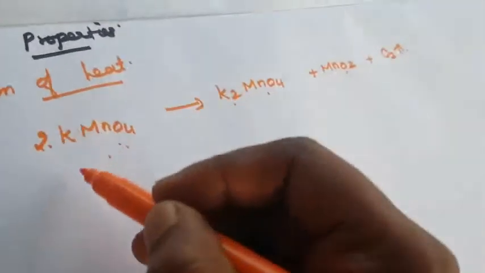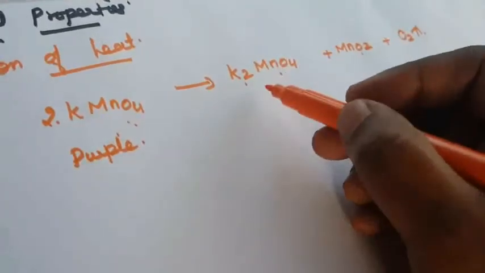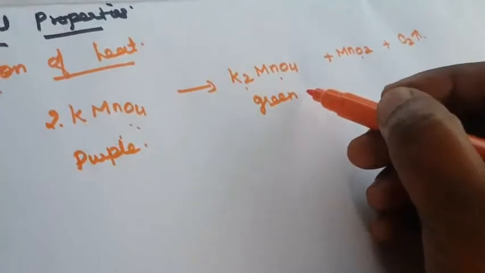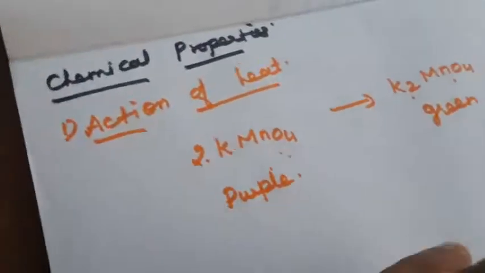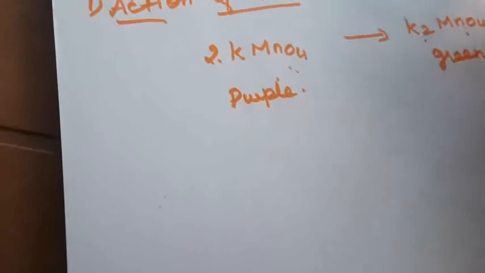KMnO4 is purple in color, and the other one, K2MnO4, is green in color. The permanganate is otherwise called chameleon mineral.